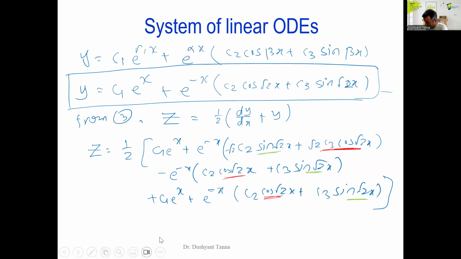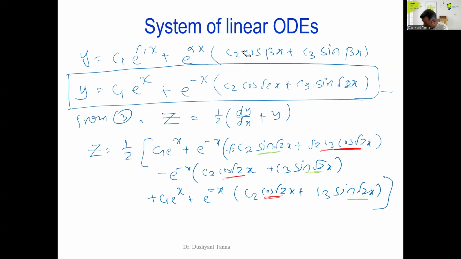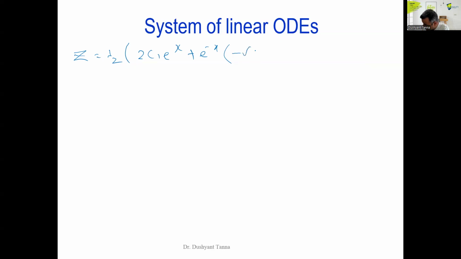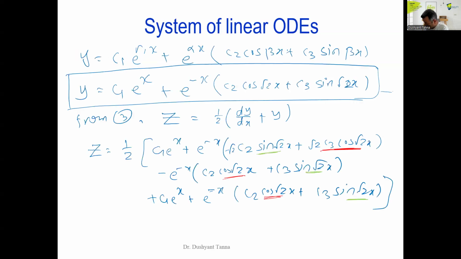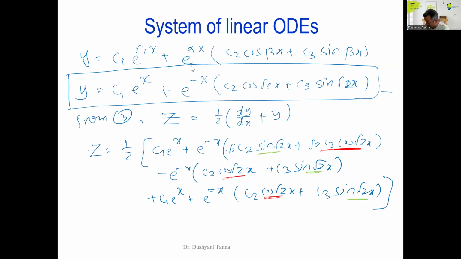Right, I'll write it here. Let me write the constant first. So I get minus root 2 C2 sine root 2x plus.